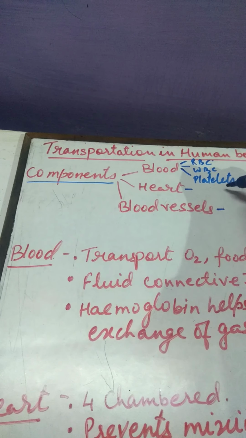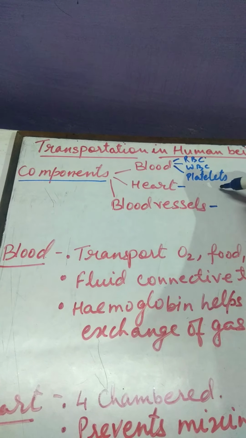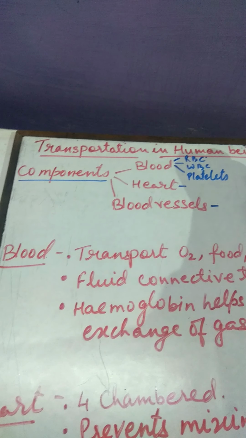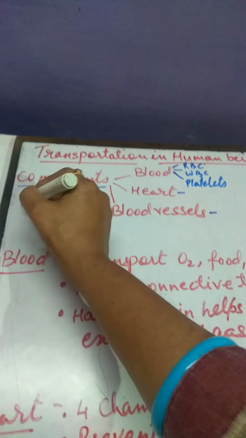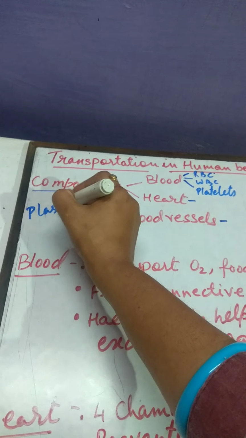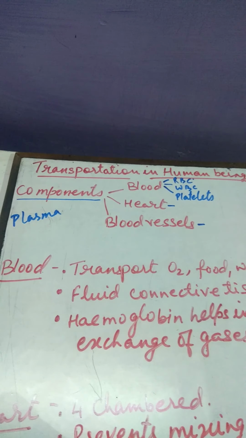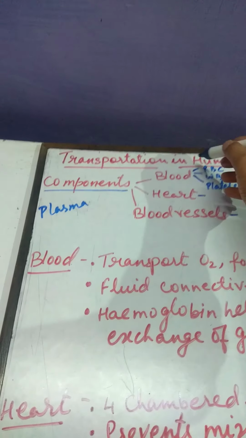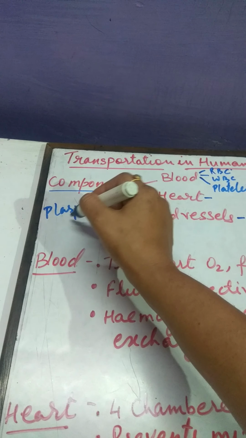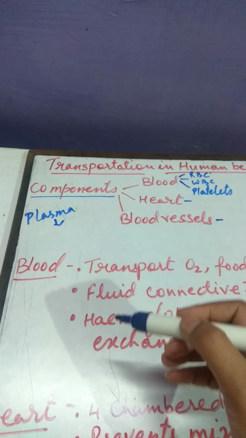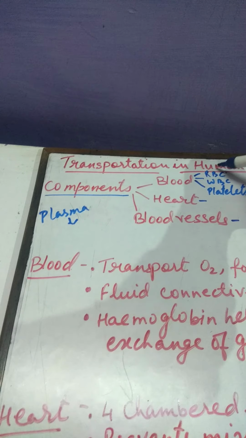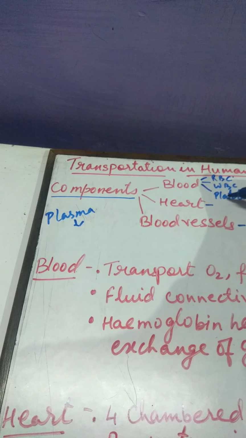And all these cells are carried from one place to another with the help of plasma. Clear? So, what is plasma? Plasma is the fluid substance which contains all these cells.